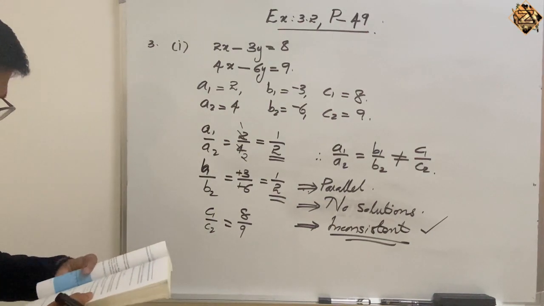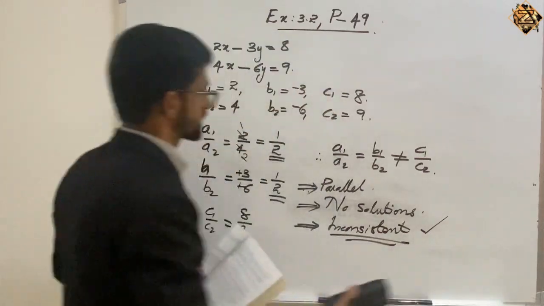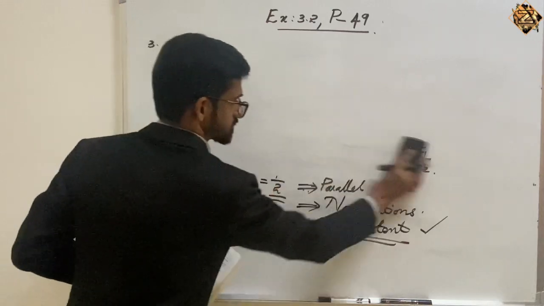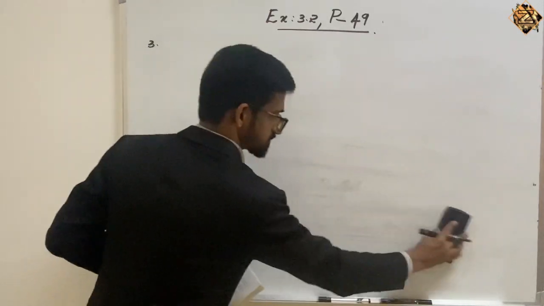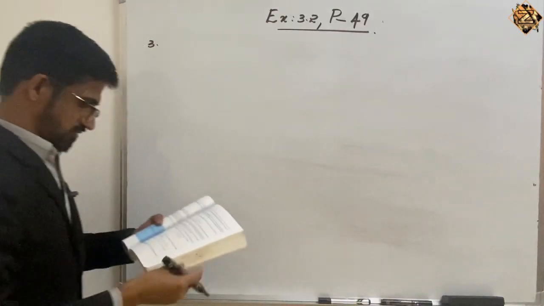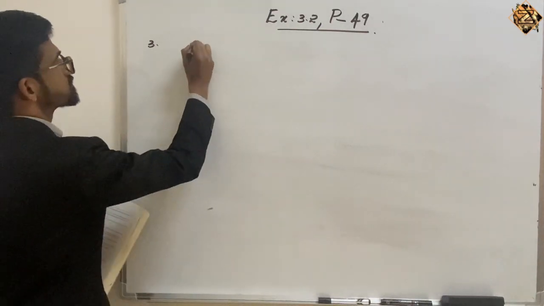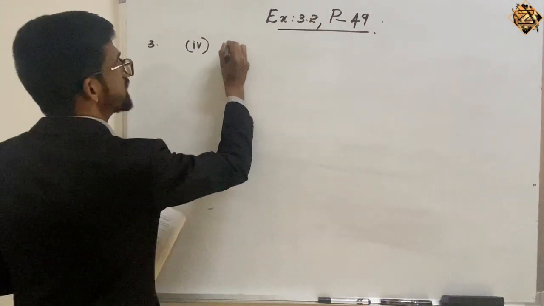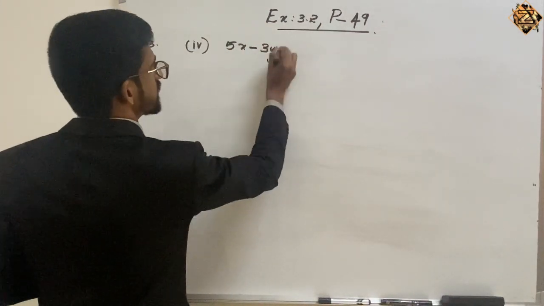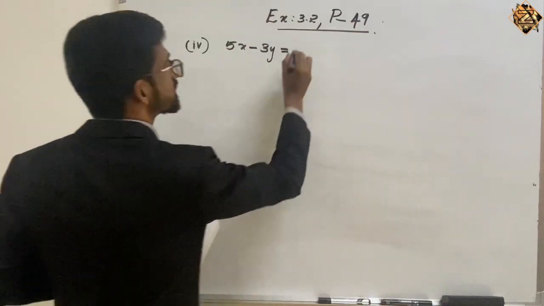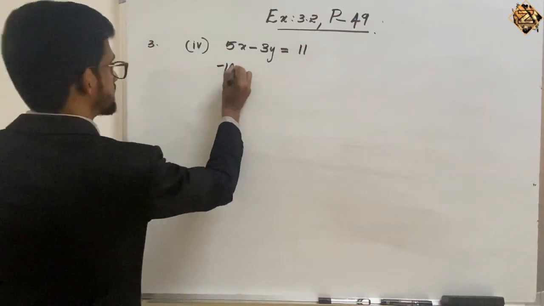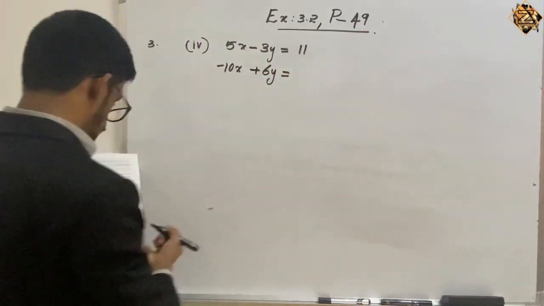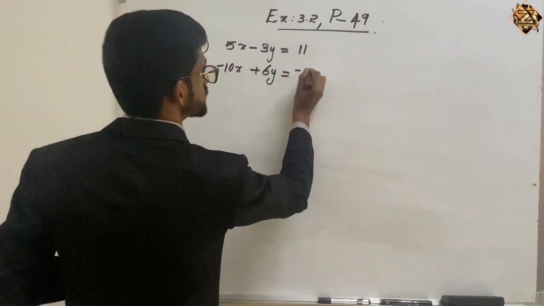Now please look at question number 4. Here in question number 4, 5x minus 3y equal to 11 and minus 10x plus 6y equal to minus 22.